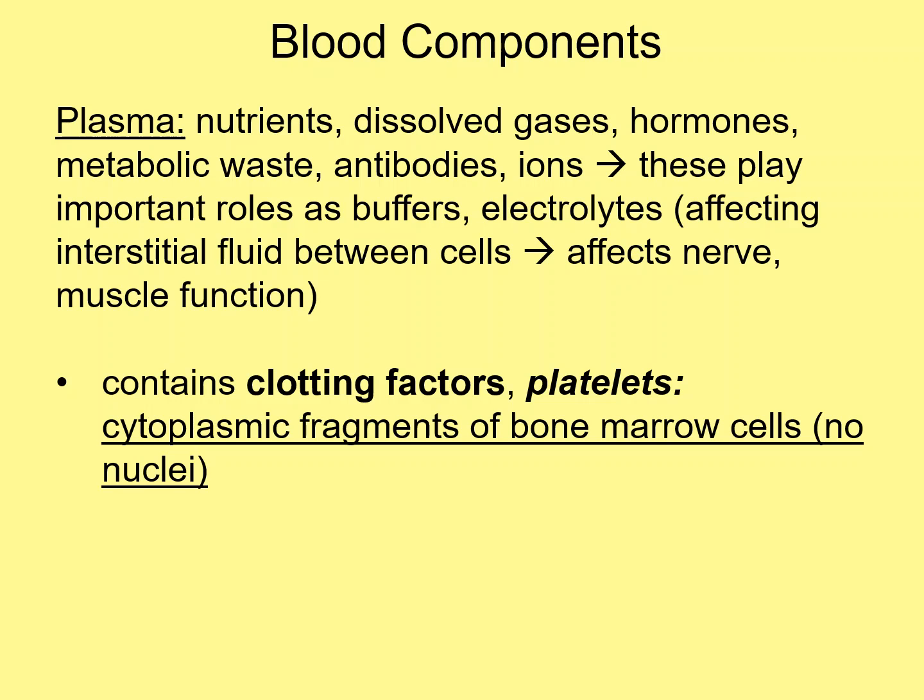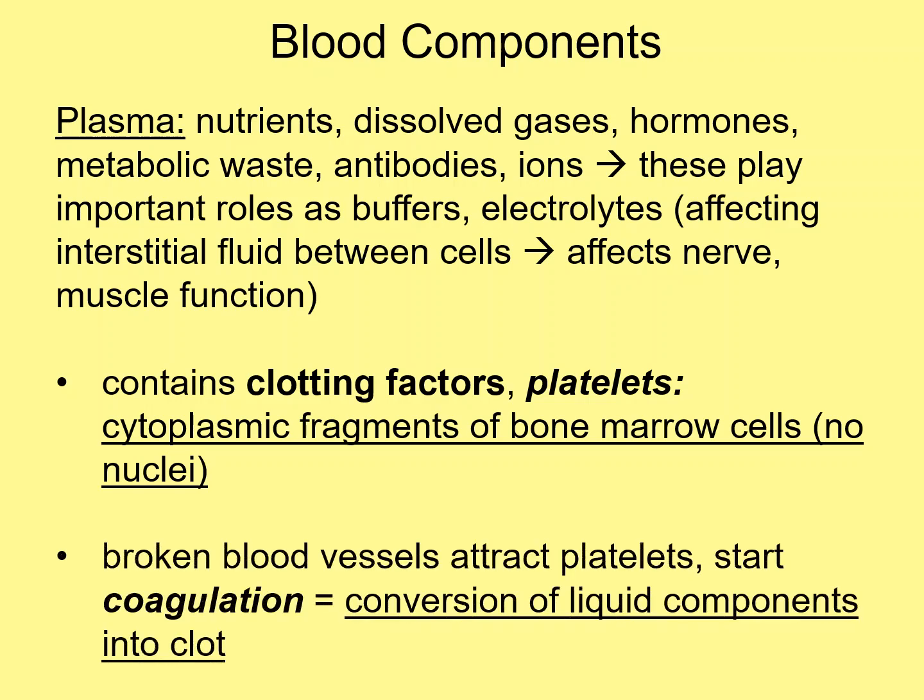Again, as they're cytoplasm fragments, they don't have any nuclei, and so you have those dissolved in your blood as well. Clotting factors are, many of them are proteins, but we also have some that are other kinds of organic molecules, including vitamin K, as we're going to see here in the next slide.